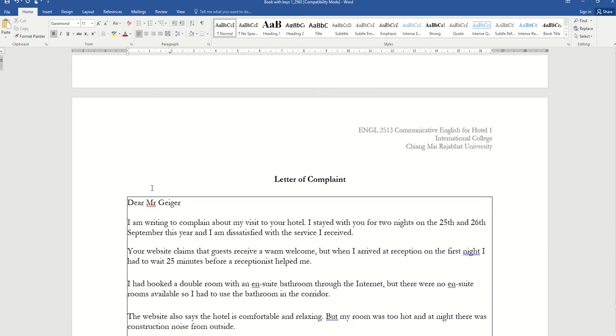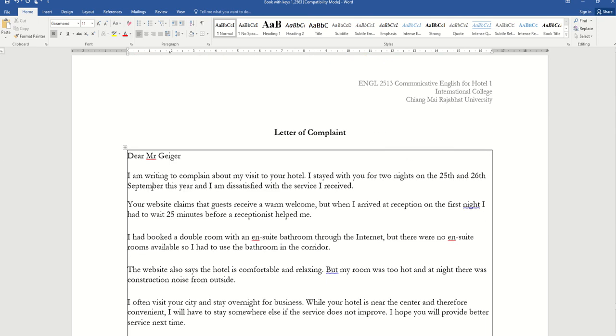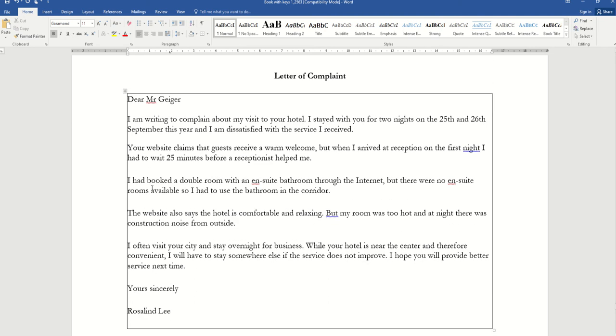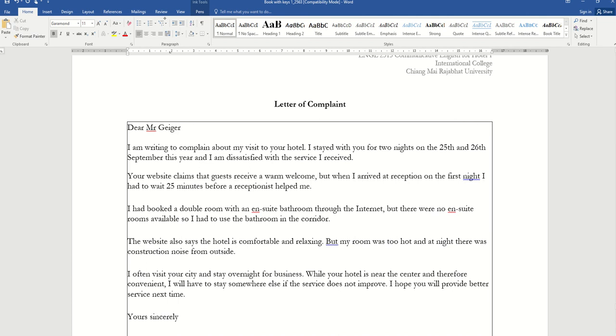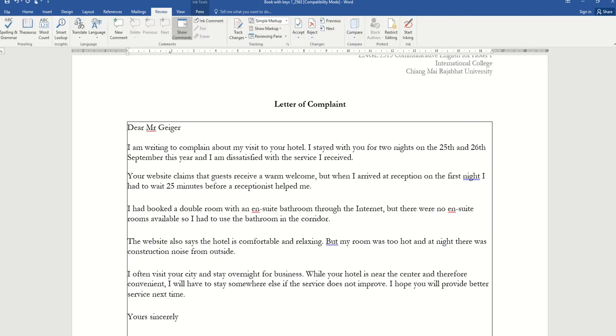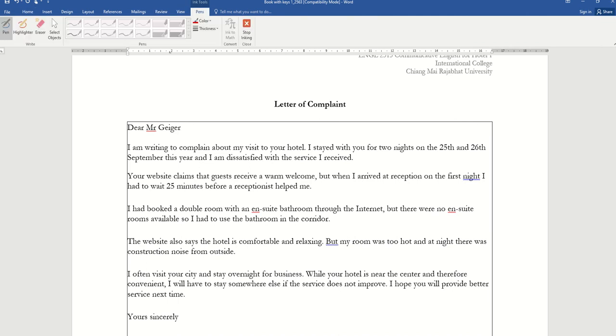Let's take a look at another, formal one. Previously was informal, but this one is formal. Why formal? Since there is a pattern that we have to follow. Letter of complaint. This is a letter, or it can also be an email.